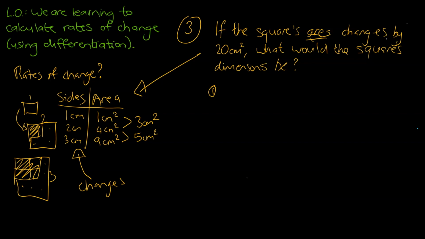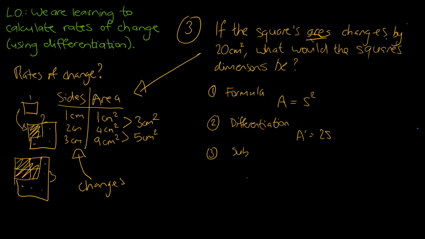So this will be very similar to our previous example. Firstly, we need to come up with an equation. So the area is going to be equal to the sides squared. We then need to differentiate. So this hasn't changed from the previous one as well. So the area dash is going to be equal to 2s.